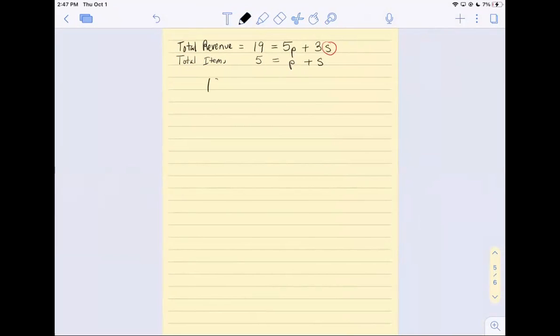One thing that I like to do, which is a little bit repetitive, is if I'm planning to use the second equation to eliminate something from the first one, I like to write them right on top of each other, the ones that I'm going to eliminate. So this is -25.